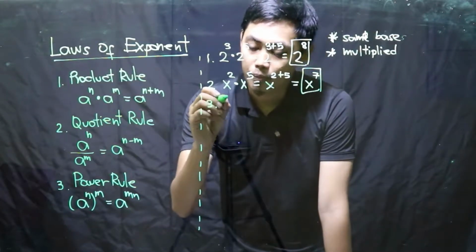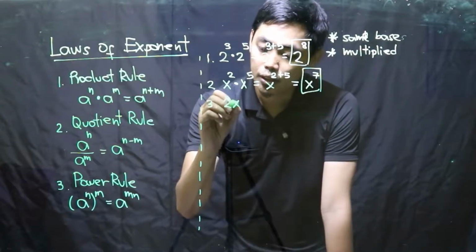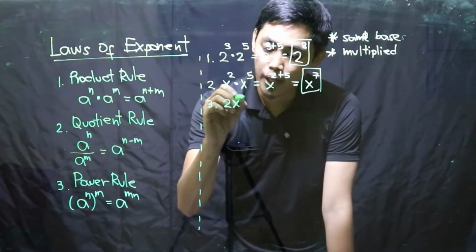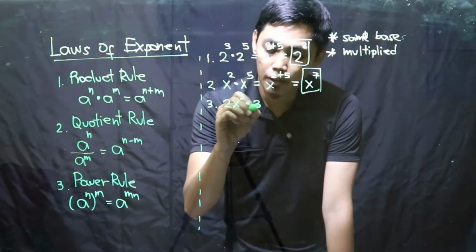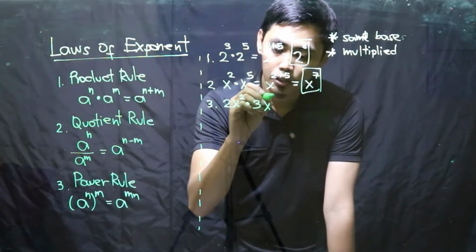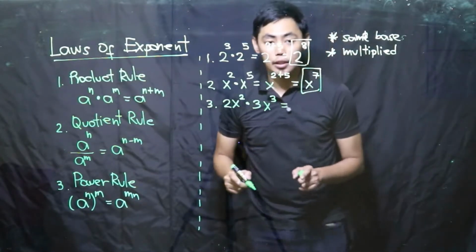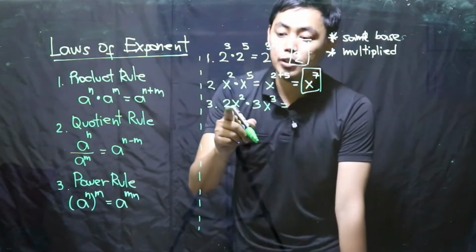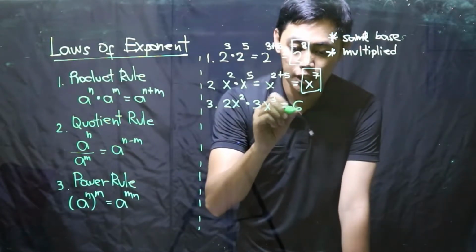How about another example? How about 2x squared times 3x cubed? Okay, so first, what you will need to do is multiply the numbers first, okay? So 2 times 3, of course, that is 6.